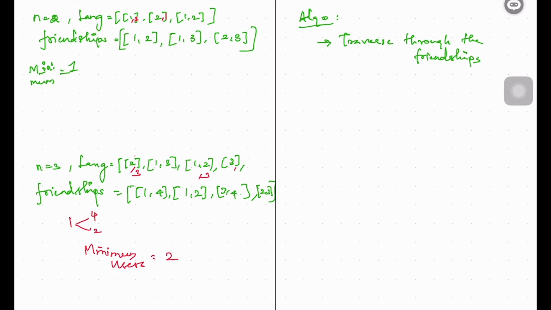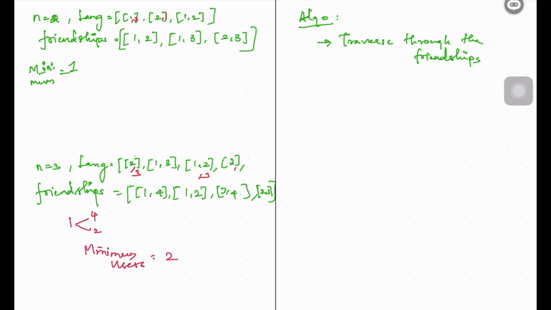Once you are traversing, whatever languages 1 and 4 know, if they share a common language, you don't need to make them learn any new language because they can already communicate. If they can't, then you need to teach them, because across everyone we have to teach one language.